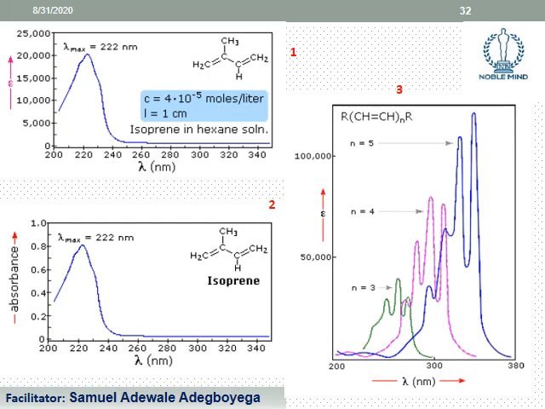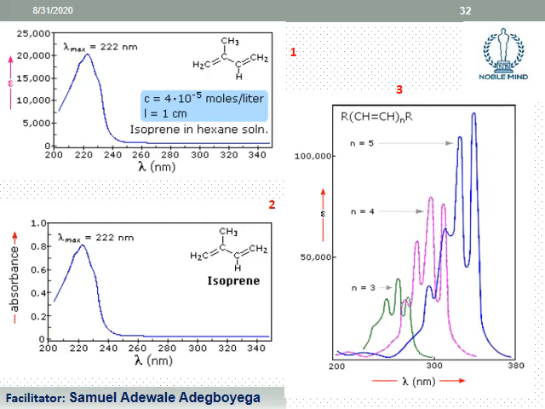Let's look at spectrum 3. We gave a general compound, R-CH=CH-(CH=CH)n-R. As you increase the number of CH=CH units in the chain, you are increasing the conjugation.